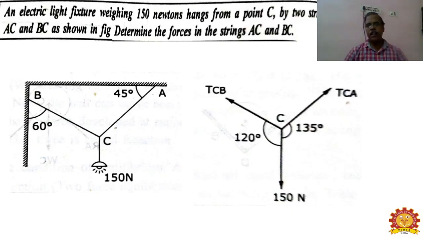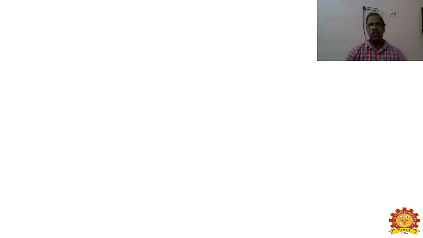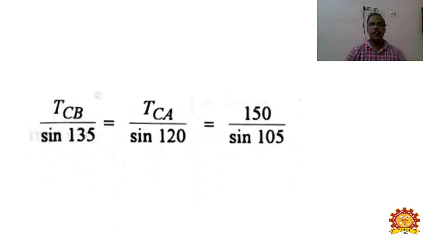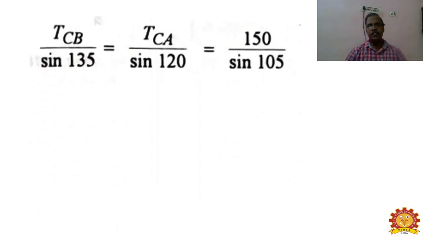Now the remaining angle between TCB and TCA is available. How will you find it out? It's very easy: the total angle is 360. So 360 minus the sum of 120 and 135 will give the angle between TCB and TCA. That's where you have found all three angles.